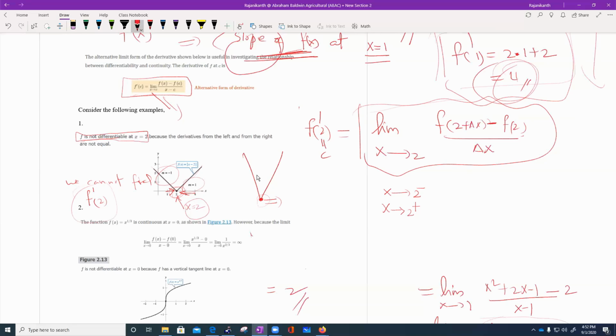But if your curve is very smooth, turning very smoothly, then it is differentiable, you could differentiate there. That is good. But for a sharp turn, there is no derivative. Okay, so that's the meaning.